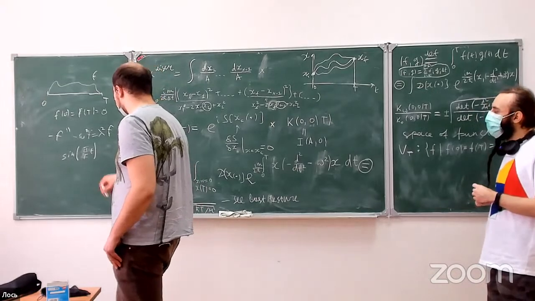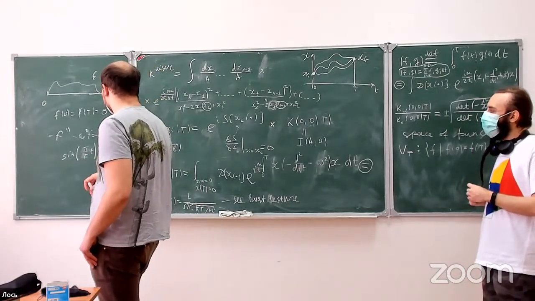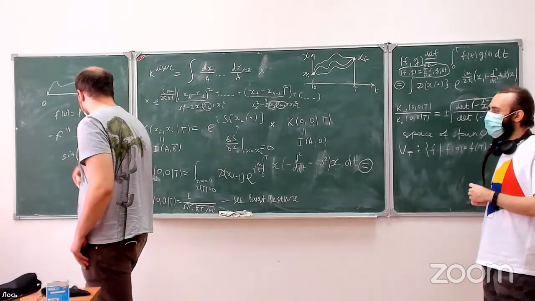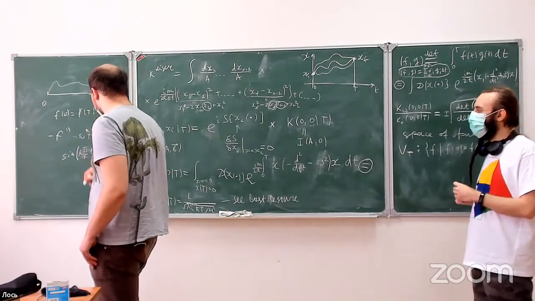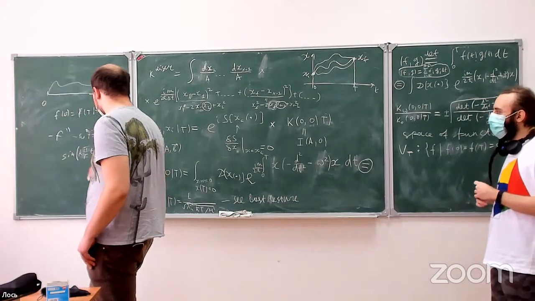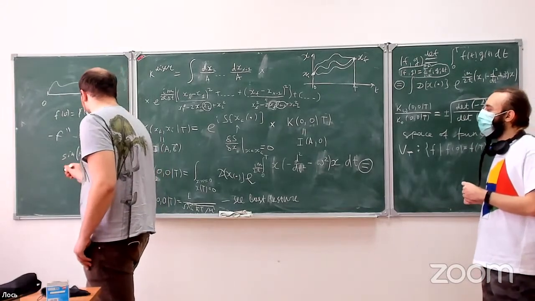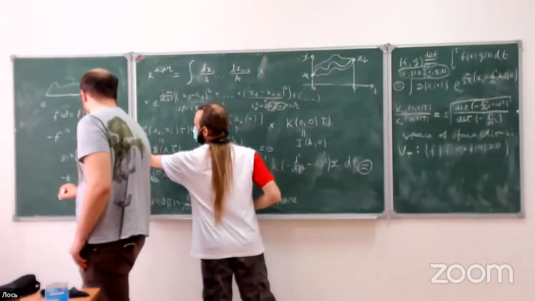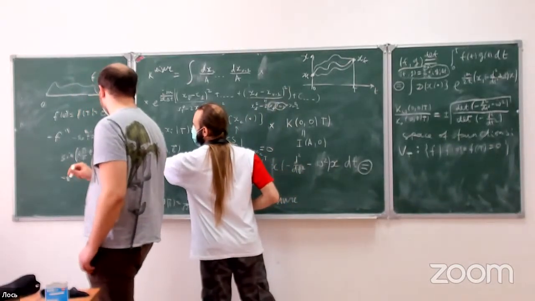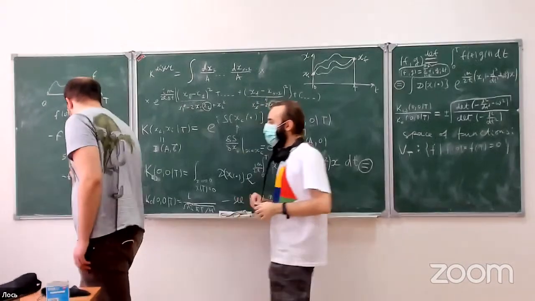Надо подставить. But why do we want to write lambda squared? It's just eigenvalue.